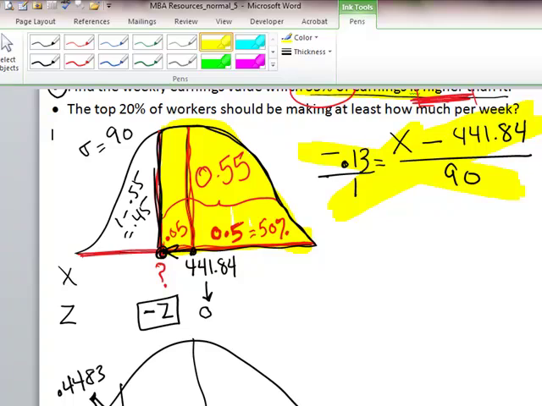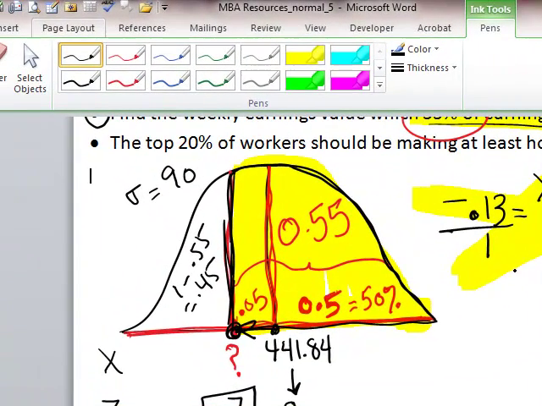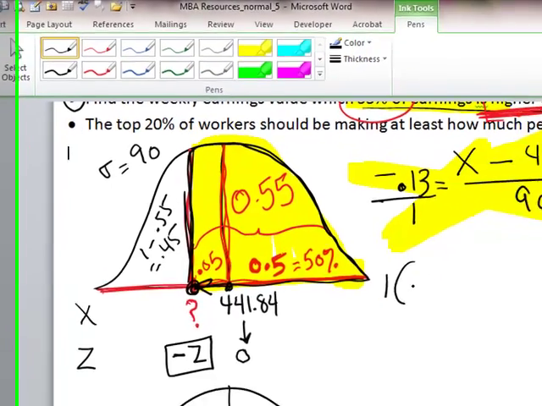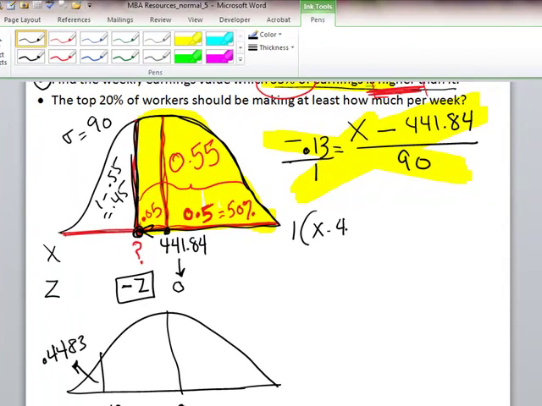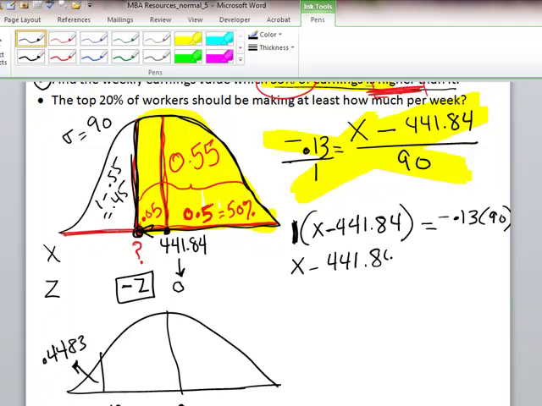That's what cross multiplication does. So essentially I have 1 times x minus 441.84 equals negative 0.13 times 90. Any number multiplied by 1 is itself. So x minus 441.84 equals negative 11.7.